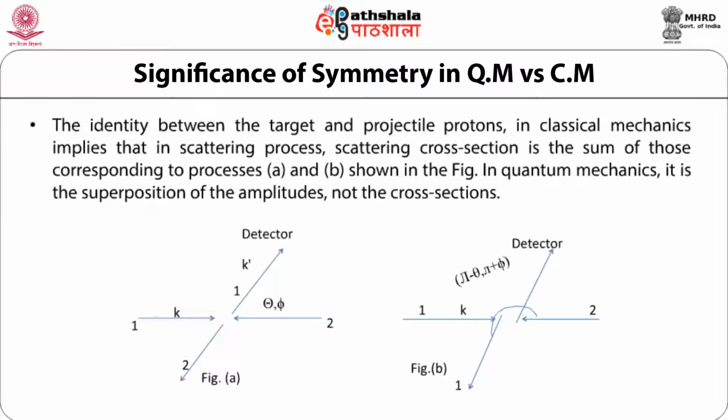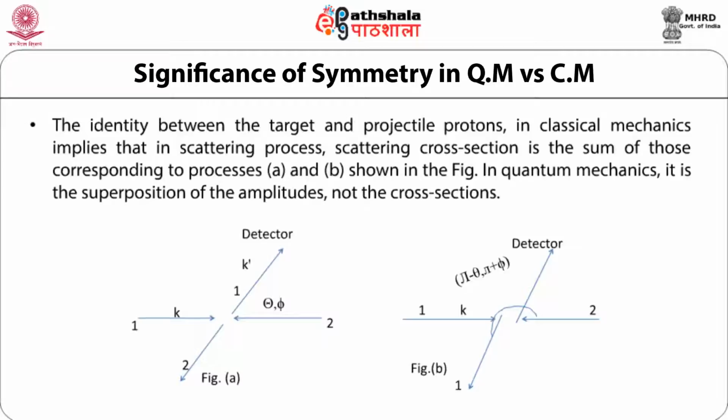The identity between the target and the projectile protons in classical mechanics implies that if we have a target which is struck by a projectile and both the target and the projectile are protons, then in the scattering process that ensues, the scattering cross-section is the sum of those corresponding to the processes shown in the figure, where the first proton, denoted by the wave vector k, after scattering has the wave vector k prime, while the second proton also gets scattered.